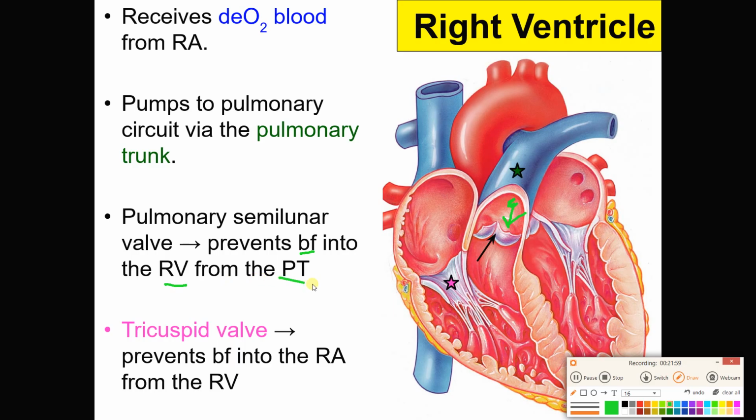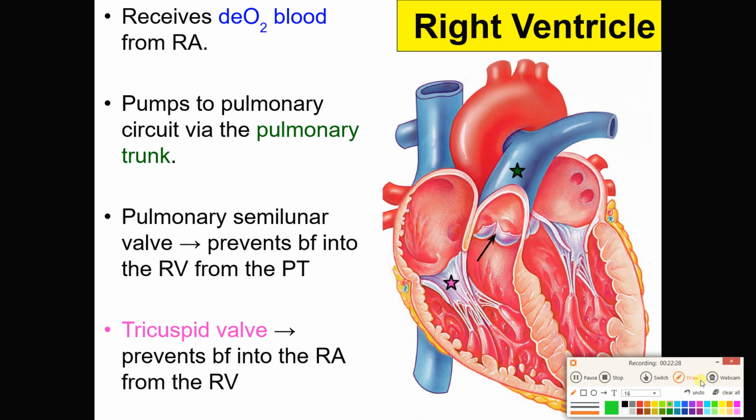We met the tricuspid valve a moment ago. The tricuspid valve prevents backflow from the right ventricle to the right atrium. So there's a valve at the entrance to the right ventricle and a valve at the exit. They both prevent backflow, but of course, we gotta know from where to where.